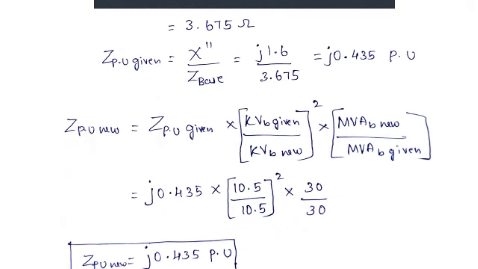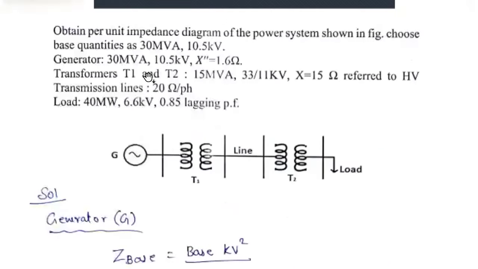The given value we already calculated, that is j0.435. The kV base given is 10.5, whatever is given in the generator value, 10.5 kilovolt, and the base value is also 10.5 kilovolt. Similarly, the MVA given is 30 MVA and the base value is also 30 MVA.